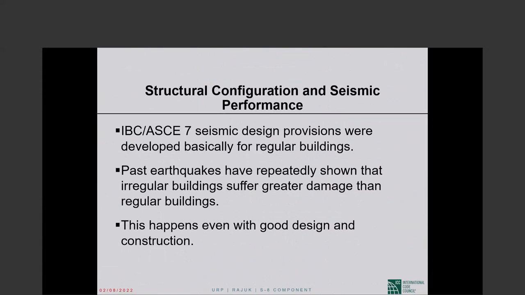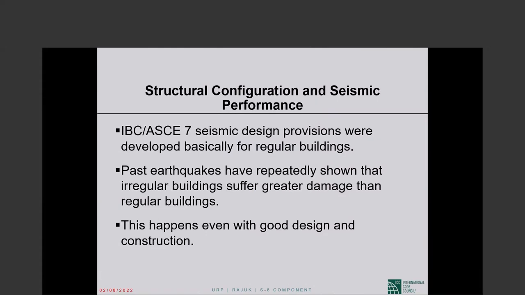ASCE 7 seismic design provisions were developed basically for regular buildings. This is something we need to understand. Past earthquakes have repeatedly shown that irregular buildings suffer greater damage, incomparably greater damage sometimes than regular buildings.